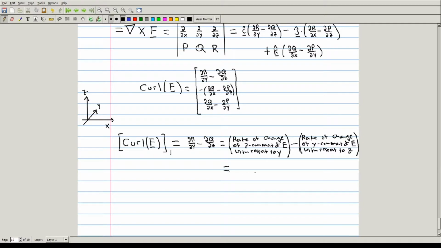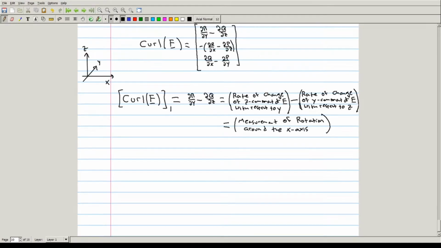So what this is giving us is a direct measurement of rotation of this vector field f around the x-axis.